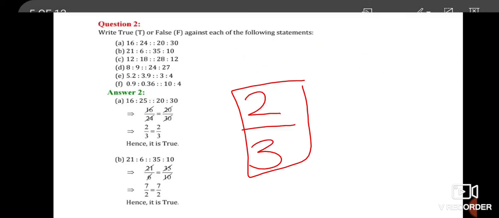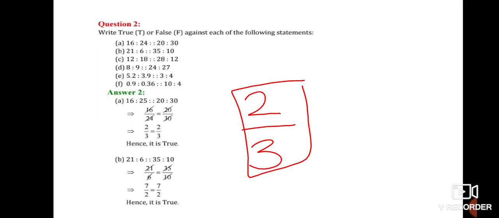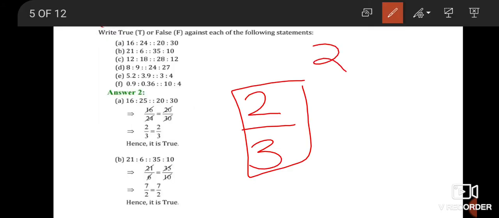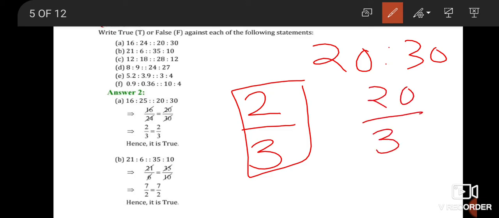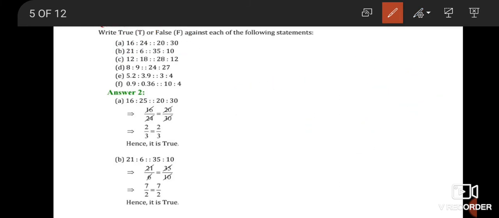Now we find the ratio between 20 and 30. So we write 20 upon 30. Again the ratio is 2:3. So we can see that the ratio between the first two numbers is equal to the ratio between the last two numbers. So they are in proportion.